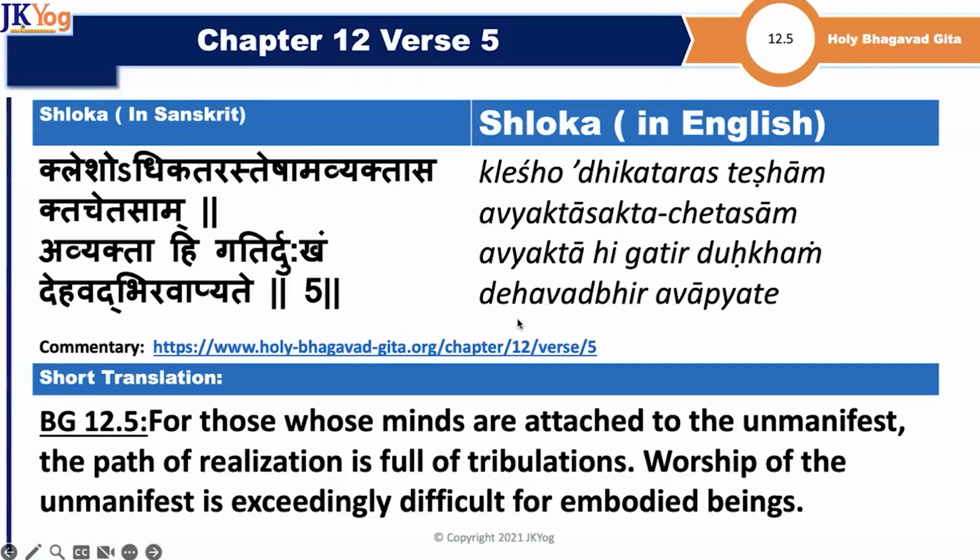Lord Krishna is asked which one is a better path with regards to a devotee. That's where Lord Krishna has been talking about both the paths here. And in this shloka we'll go a little more into this particular aspect of worship.